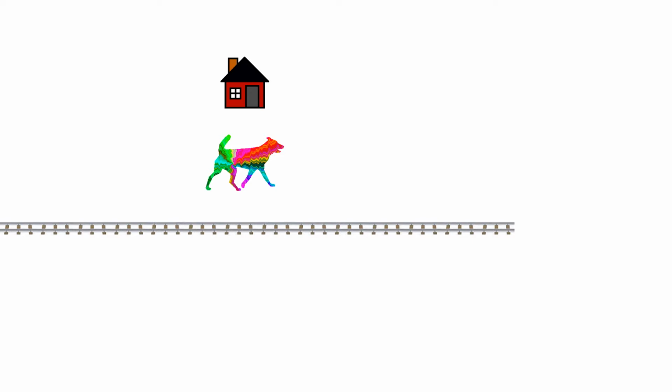So here I've got this nice little dog, and there's the house where its owner lives, and there's a set of train tracks. And of course, the dog likes to bark at the train if the train goes by, but the dog also likes to eat dog food in case the owner puts dog food out by the front porch.